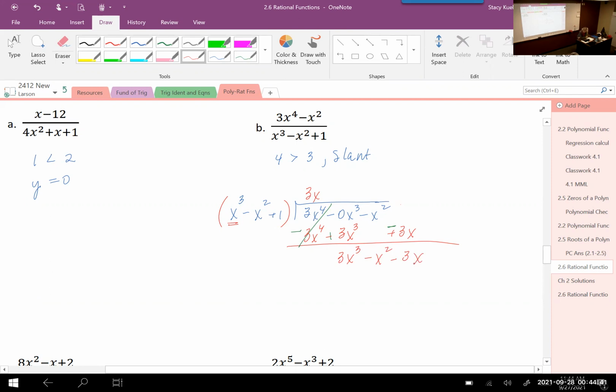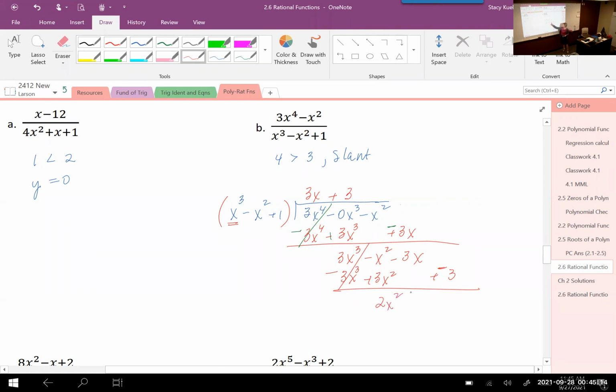And you start over. What would I multiply x cubed by to get 3x cubed? 3, right, plus 3. So 3 times 3x cubed would be 3x cubed minus 3x squared plus 3, change my signs, and it actually doesn't matter because at this point I'm just going to stop there.